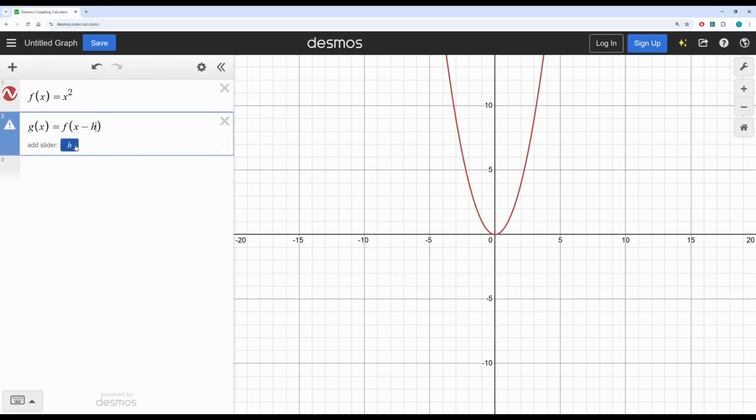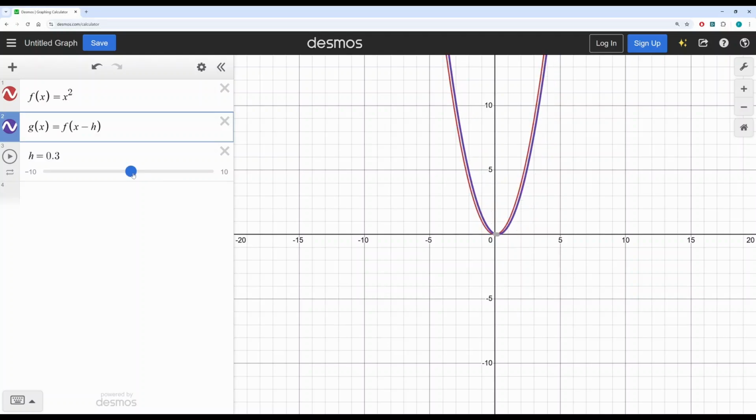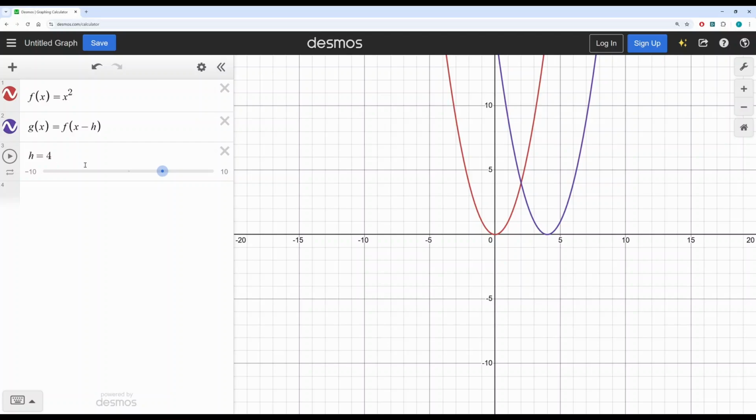Okay? Now let's add a slider for h. So we added the slider for h here. What happens if we go in the positive direction? Look at that. X minus 4 moves the parabola over to the right 4. If we go in the negative direction, it goes negative. So x minus a minus 5, which is x plus 5, goes over here to the minus 5.